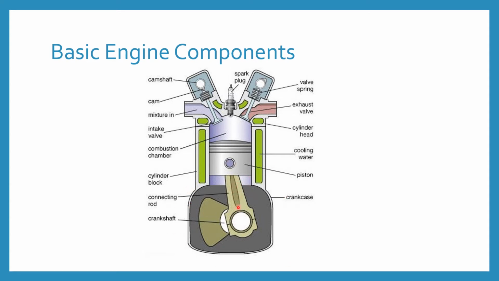There are the connecting rod and crankshaft. So students, these are the main components of an engine. Now let us describe the various components of the engine elaborately.